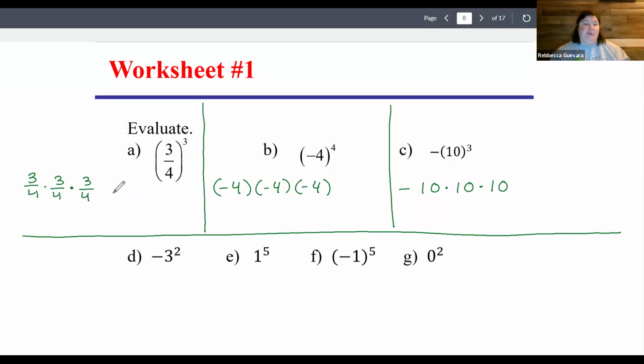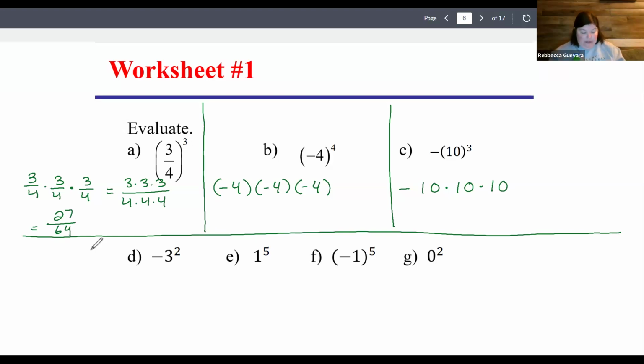But by fractions, when we have multiplication, we just multiply the tops together and we just multiply the bottoms together. So 3 times 3 times 3 is going to be 27. 4 times 4 times 4 is 16 times 4, I think it's 64. Okay.